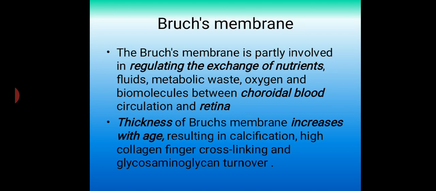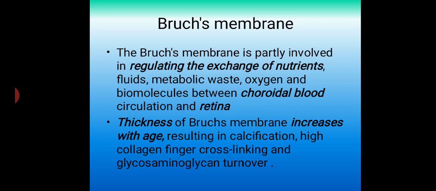The second part of the eye that can act as a barrier for the permeation of the drug is Bruch's membrane. Bruch's membrane is involved in regulating the exchange of nutrients and various fluids, and it removes the metabolic wastes. It carries oxygen and other biomolecules between the choroidal blood circulation and the retina.